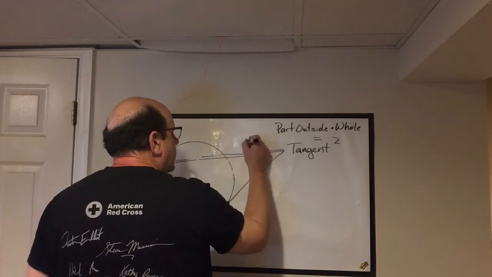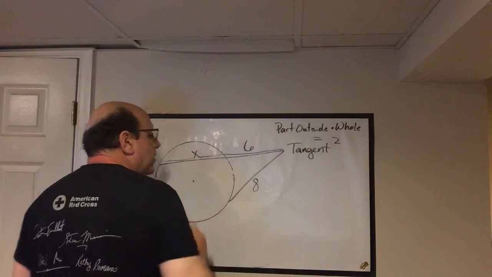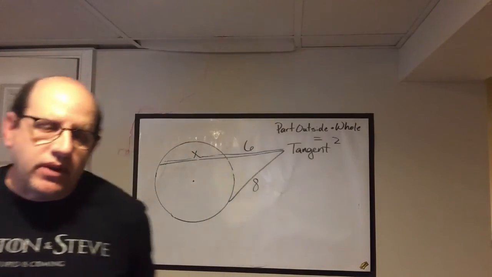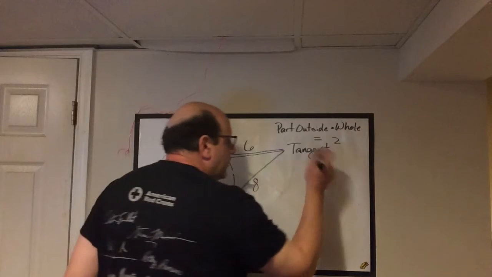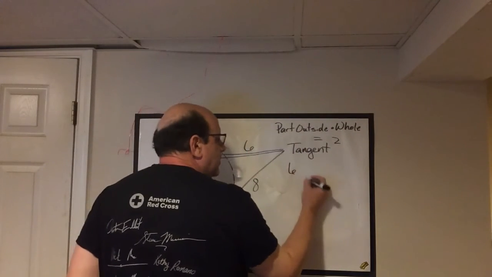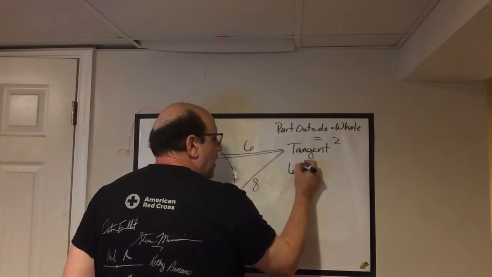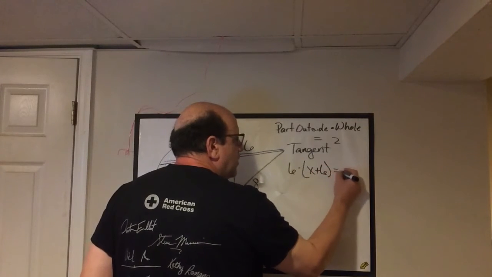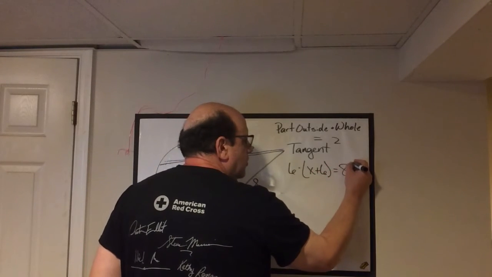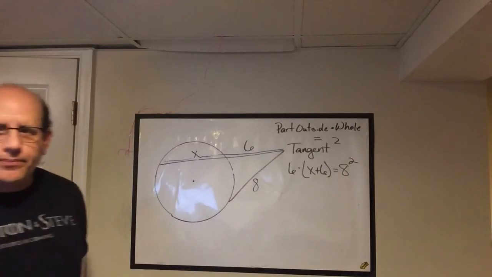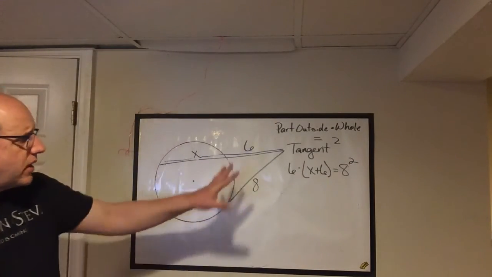All right, I'll still keep this at 6. I'll put an x in here because they don't equal each other. I already know that 84 doesn't equal 64, so I'm going to have to change it. All right, so I'm going to say that 6 times x plus 6 is equal to 8 squared. Okay, and that's what that is. All right, that's how you set it up.